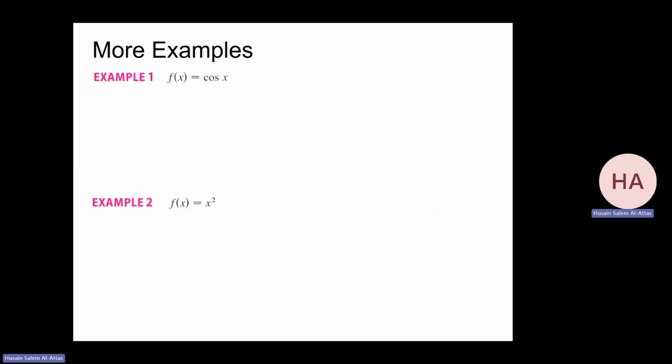More examples. Let me take f of x equal cosine x. So if you think about cosine x, doing it like this. No, this is sine. The same idea. Just doing it like this, and continue. So we have an absolute maximum. How many absolute maximum we have?